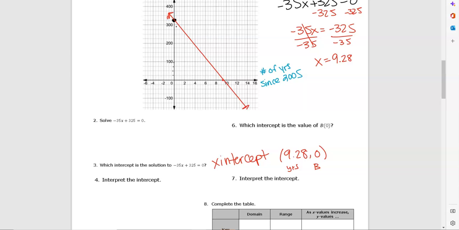Nope. It's from 2005. So what's 2005 plus the 9? 2014. So in 2014, that's 9.28 years since 2005. In 2014, there will be 0 butterflies.